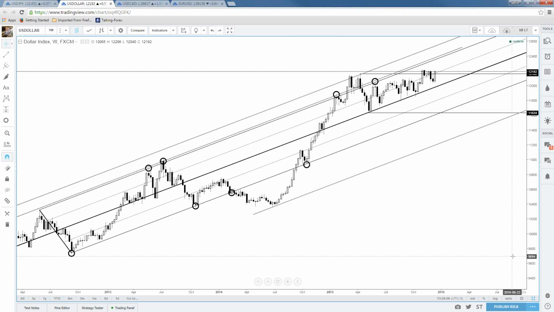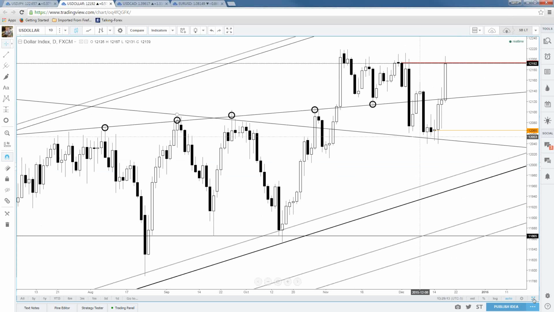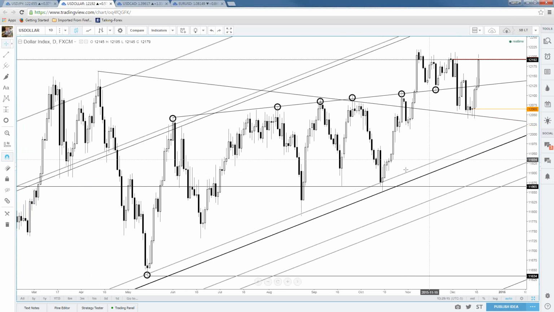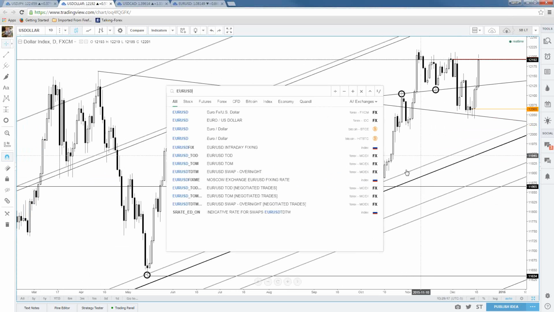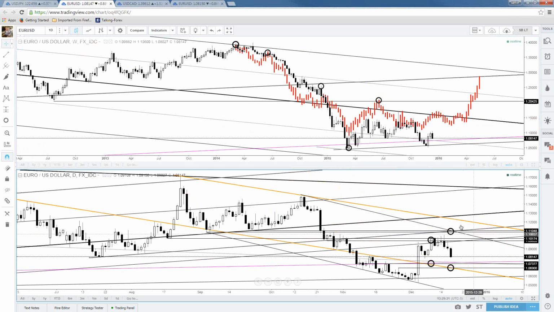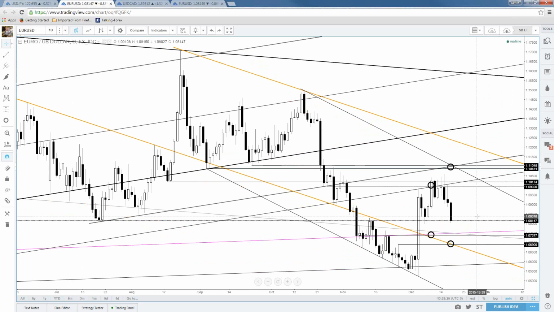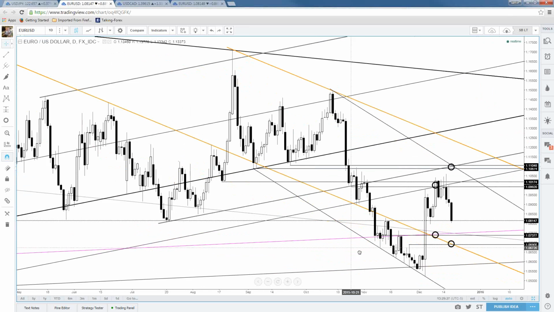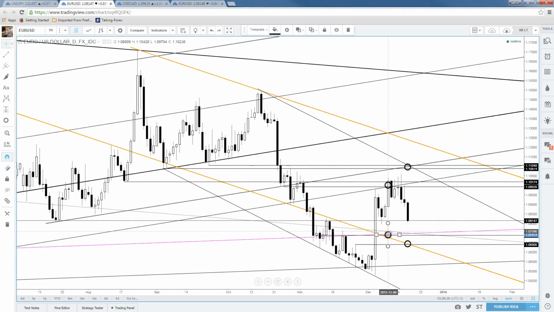Okay, let's look at euro. I still think it's worth, we're at support now on the short term, right? 108, talked about that.